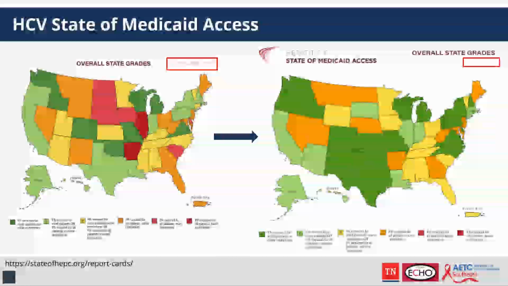Those things have been removed in pretty much all states now, which is great. I believe in 2020 or 2021 is when Tennessee removed those restrictions, which made it much easier to get patients started on treatment. So I just want to paint the picture that we've got great movement in access from a Medicaid standpoint, and it's getting easier and easier to get patients on medicine with that payer source.